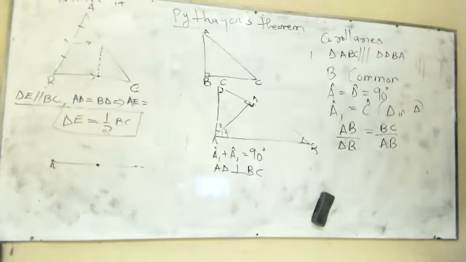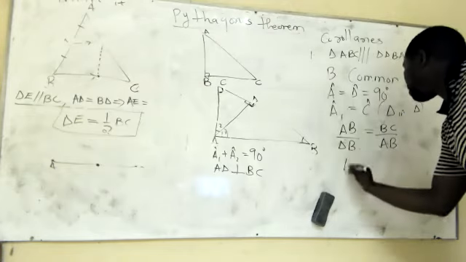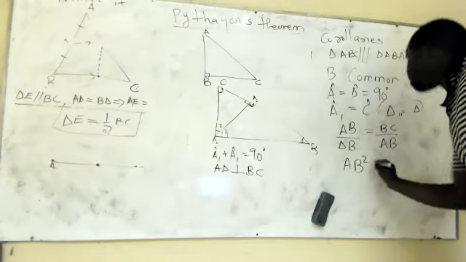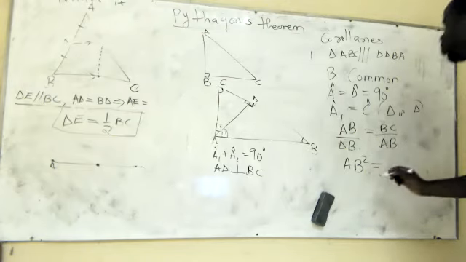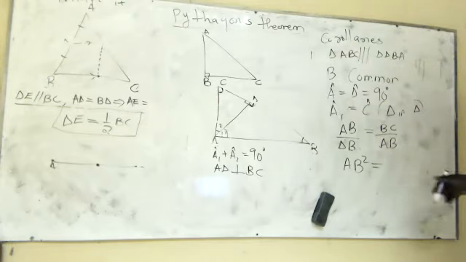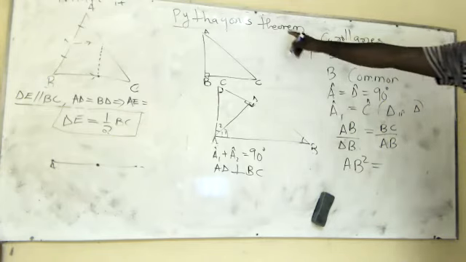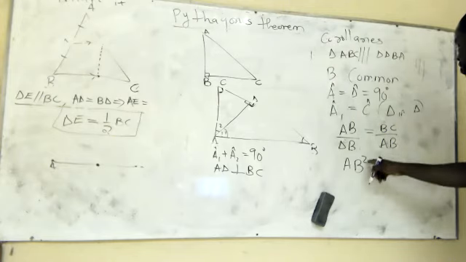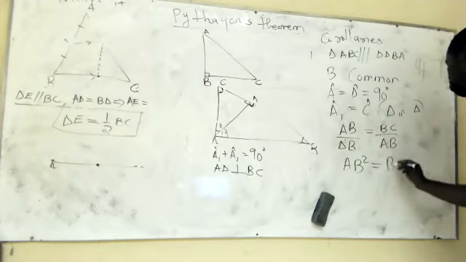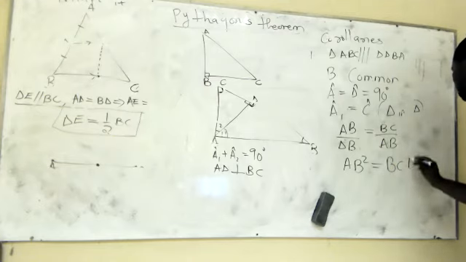After having that, you can then cross multiply. The cross multiplication is what matters here, because that's what all the theorems we are doing are about, especially this one for Pythagoras. So it is this conclusion that matters most: AB squared is equal to BC multiplied by DB.